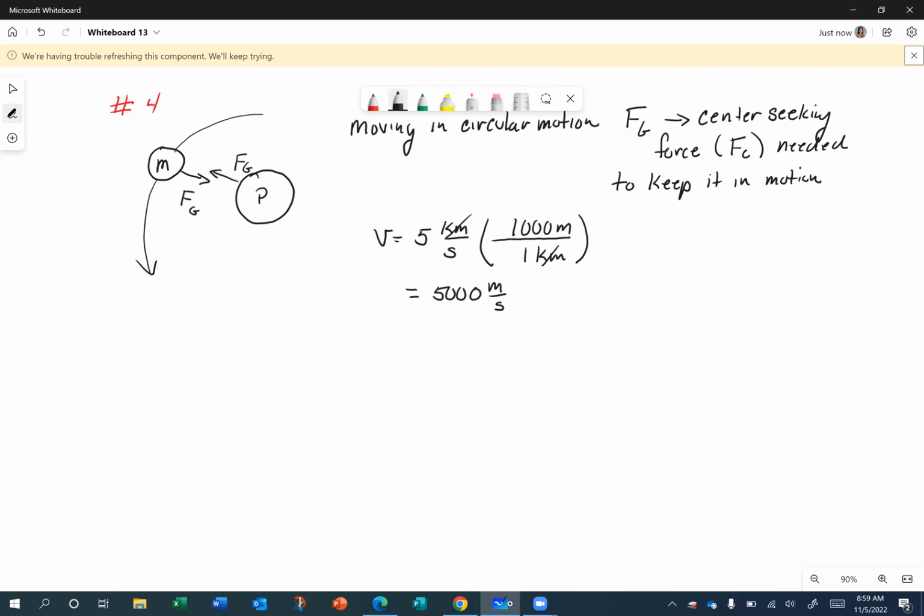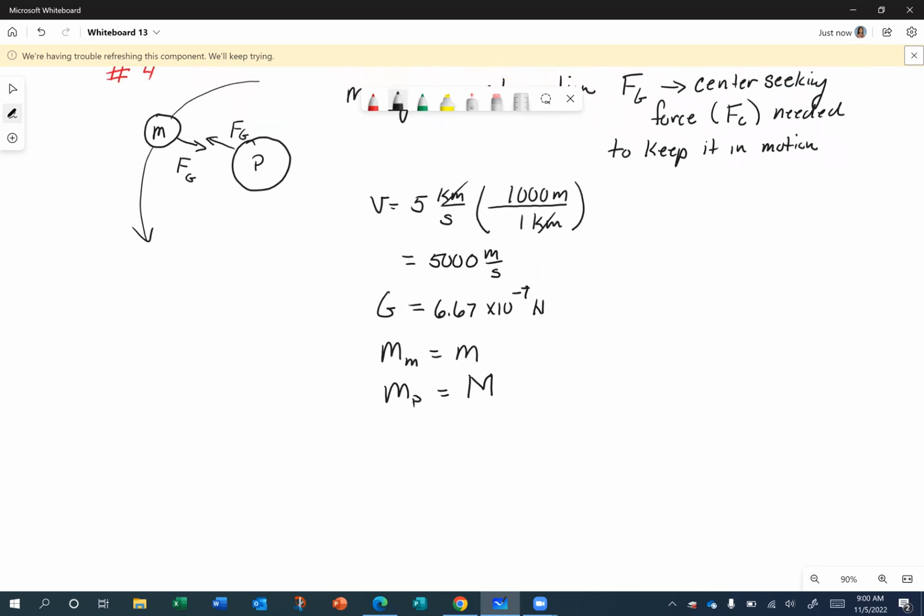I also know the value of our G, gravitational constant, 6.67 times 10 to the minus 7 newtons. Let's call the mass of the moon, don't know what that is, let's just call it little m. Let's call the mass of the planet a capital M because we know it's bigger. But we don't know the mass of either one of those.